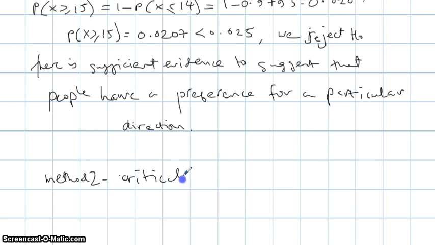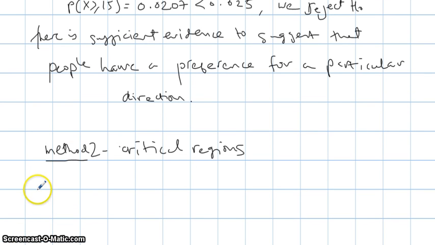To work out the actual regions involved, for 2.5%, we've got the probability that x is less than or equal to a is less than 0.025, and we're looking for the highest value of a.